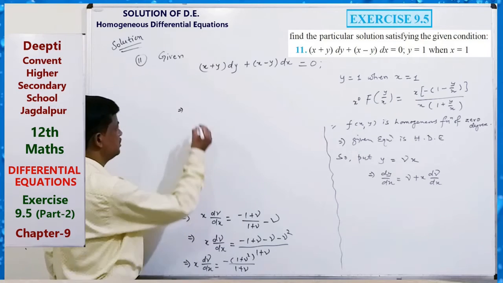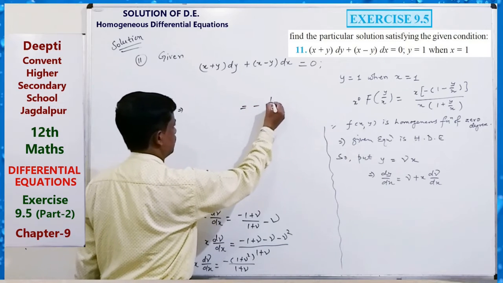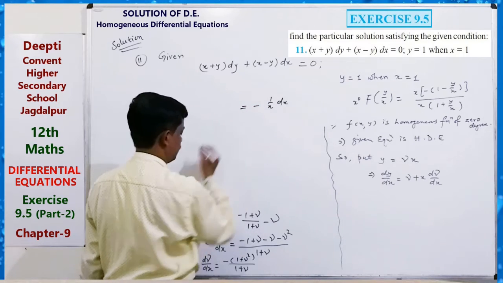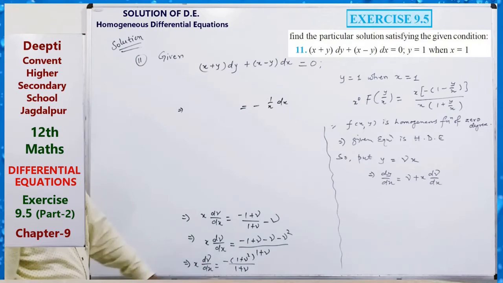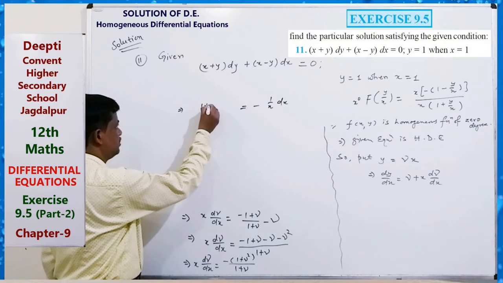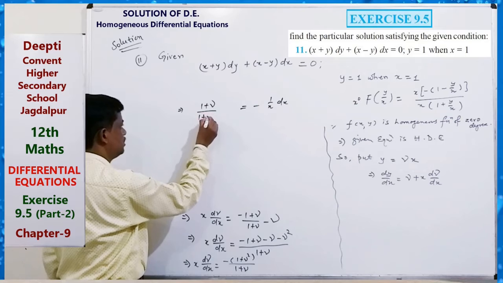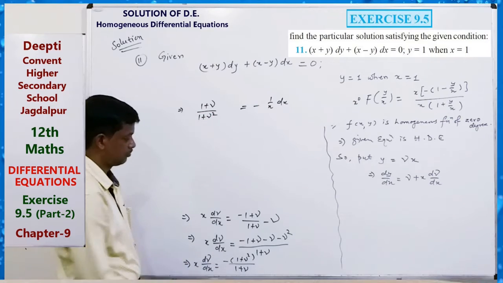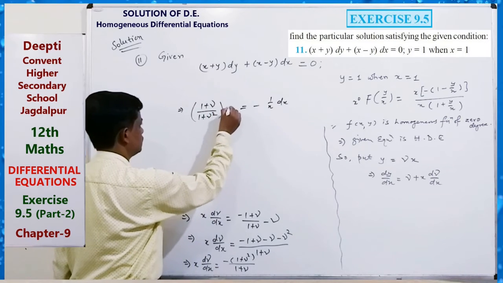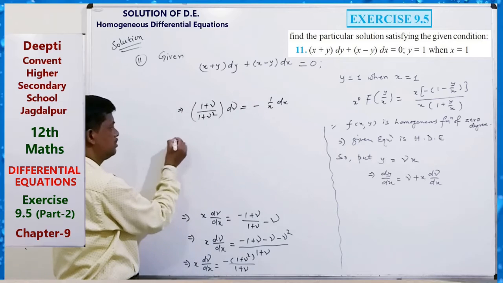With the minus sign, here minus 1 by x dx and 1 plus v upon 1 plus v square dv, separable form.